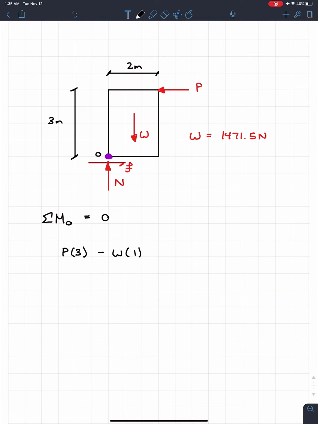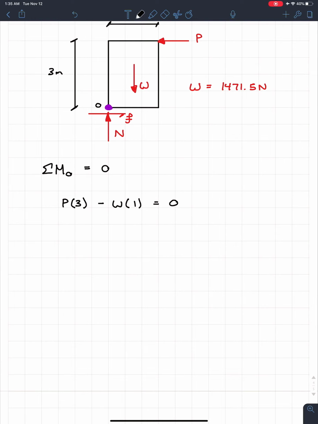And all of this is equal to 0. Some of you will ask, I know for a square the weight acts right in the center. This is the same as distributed loads. But what happens if I'm given a weird shape? Well, we can actually find the point at which it acts, but that's next week, so please stay tuned.